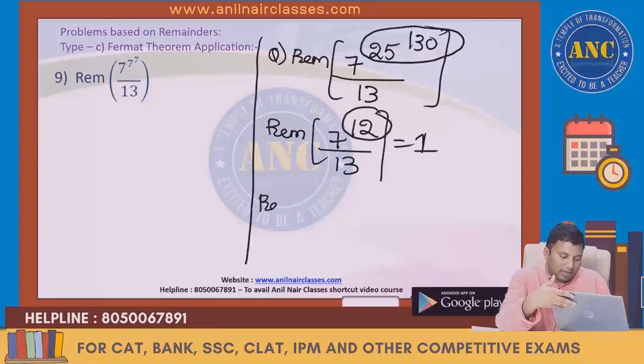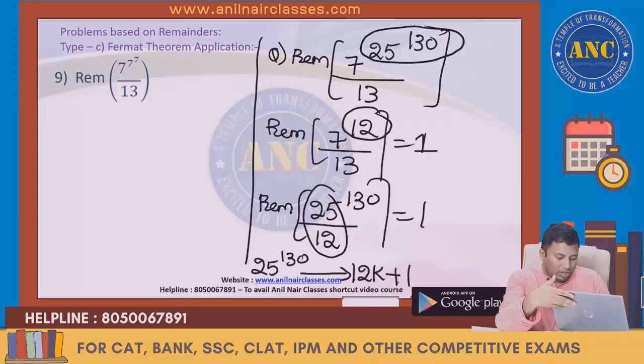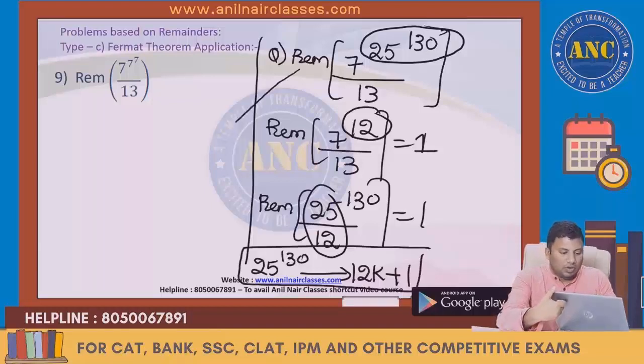So this becomes the remainder of 25 power 130 divided by 12. 12 2s are 24, remainder is 1. So 25 power 130 when divided by 12 gives remainder 1, so it is 12k plus 1.